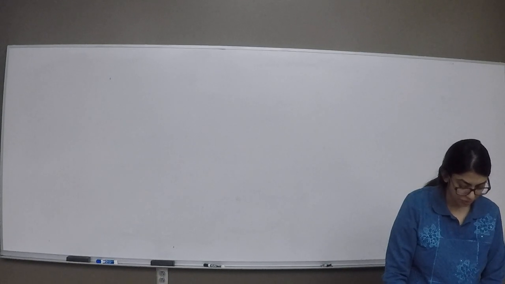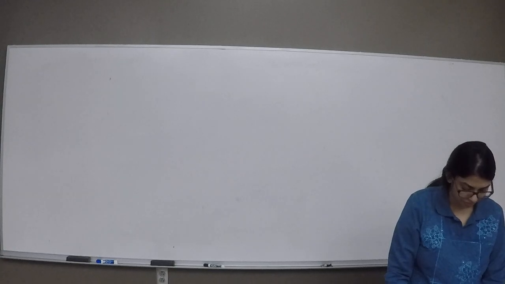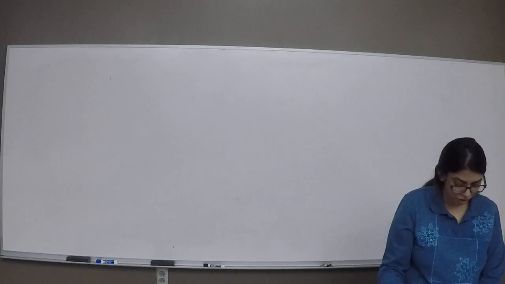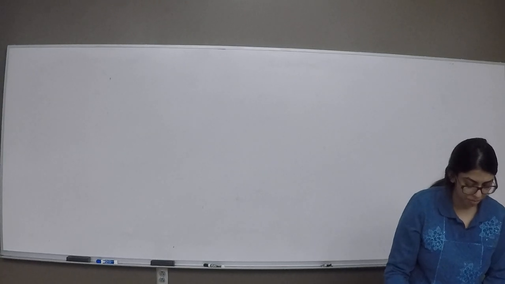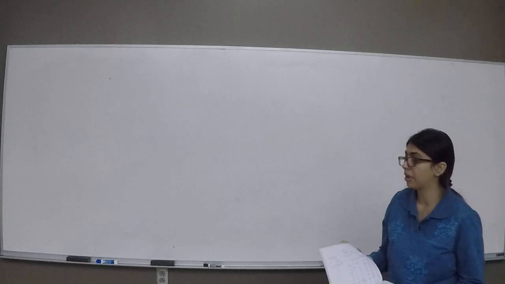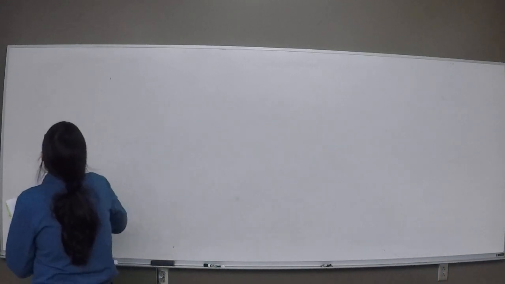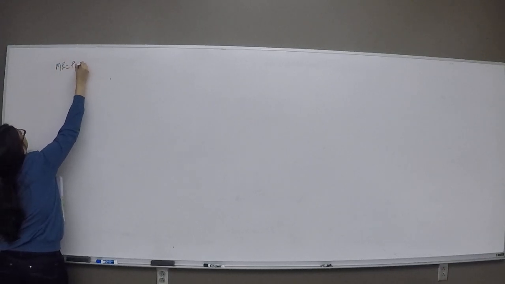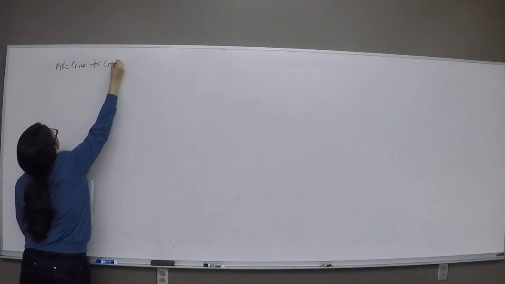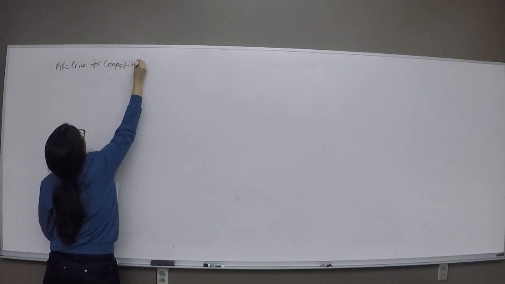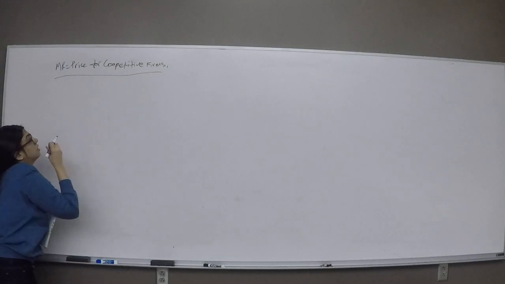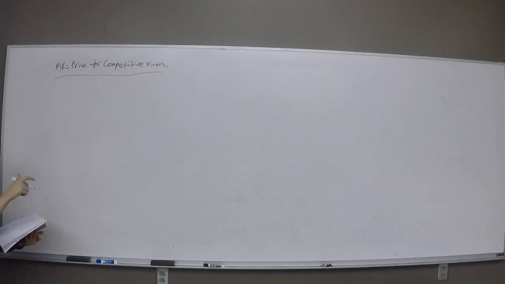Marginal revenue comes from selling one more unit, and marginal revenue is simply equal to price for competitive firms. What I was just reading is basically saying that.